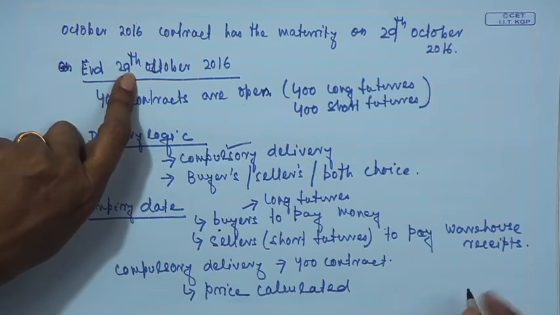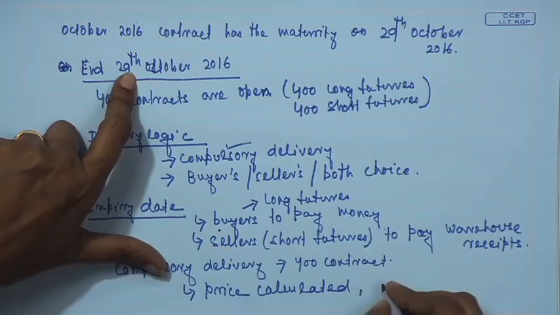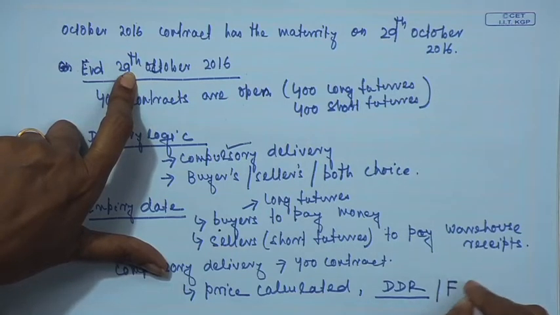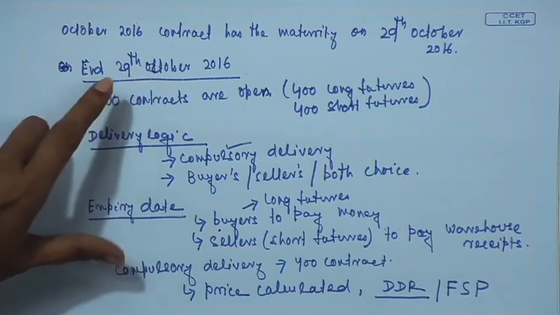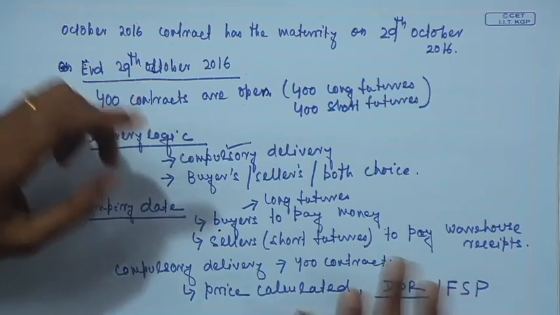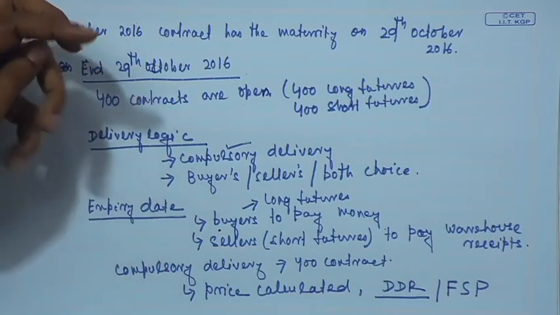Which price will they take? If you recall, we had discussed something called the due date rate, DDR, or final settlement price, because on 29th October 2016 we will not have any futures contract.